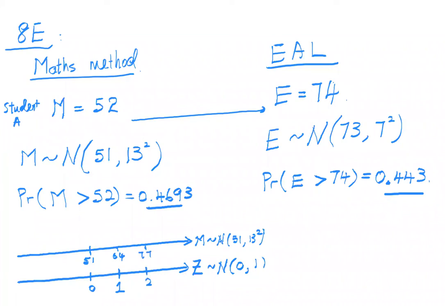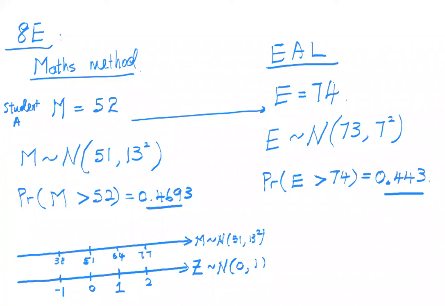If it's less than the mean, 51 minus 13, the standard score for 38 will be -1. That is called the standard score.